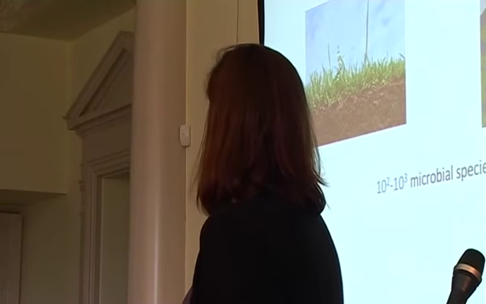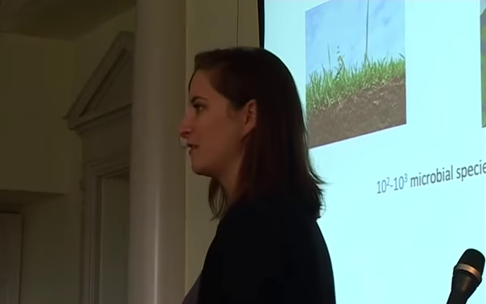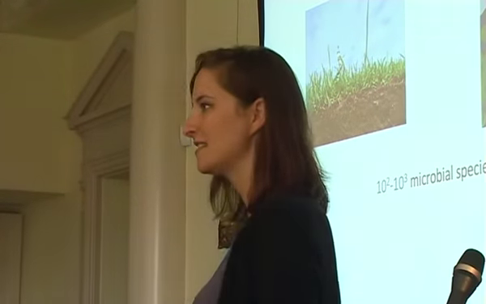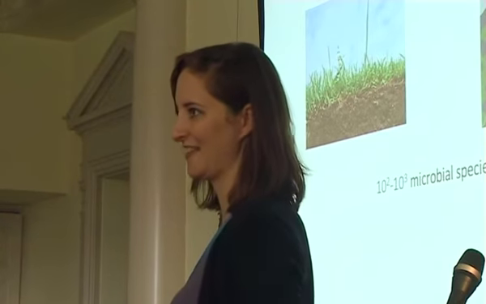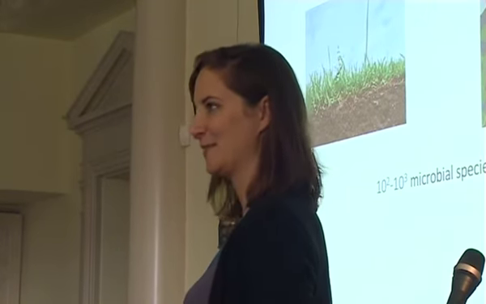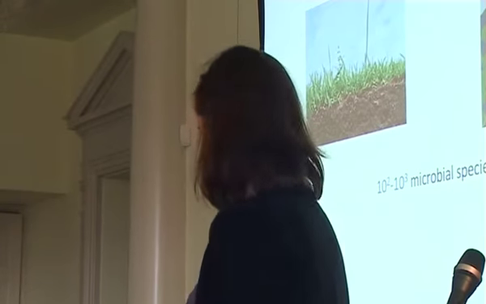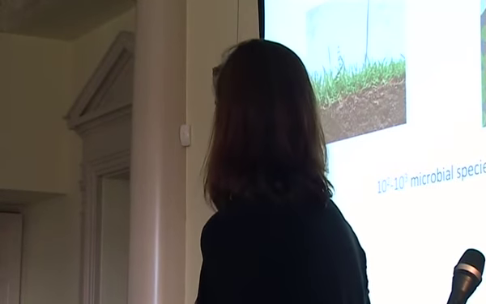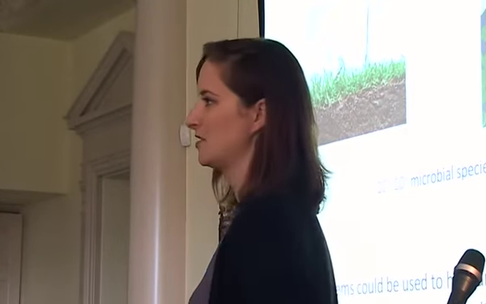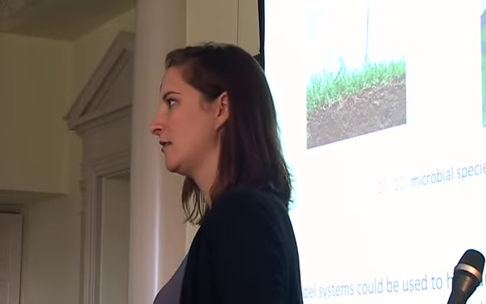So in general, in a gram of soil or a gram of contents in your gut, you have hundreds to thousands of species living together, which is sort of mind-blowing if you want to try and understand what each of them are doing and how it all works. So the thing that we're trying to do with cheese is use it as a model system, and that's because model systems, just like when we study a cell in isolation, are simplifying the equation.